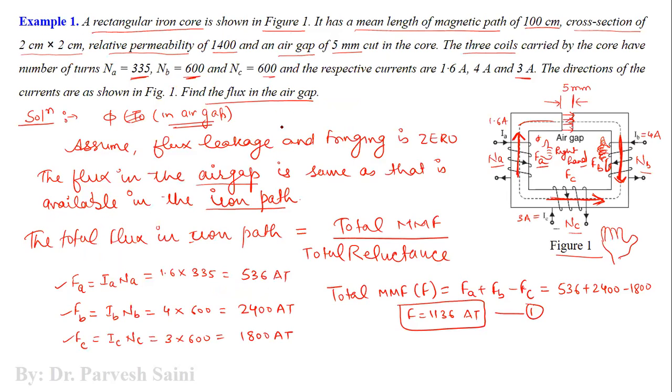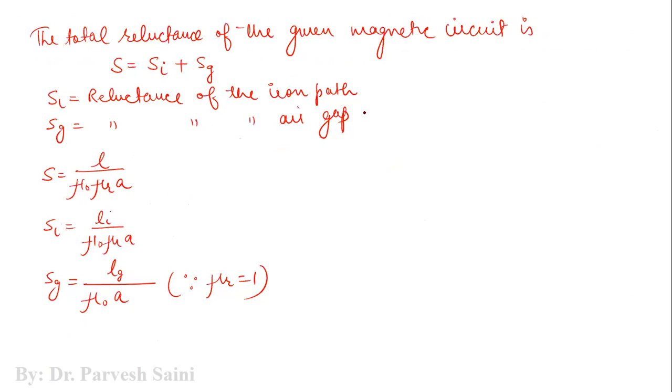So the mean length of the magnetic path is 100 centimeter and the area of cross section is 2 by 2 centimeters square. The air gap is 5 mm, right? So let us try to solve.